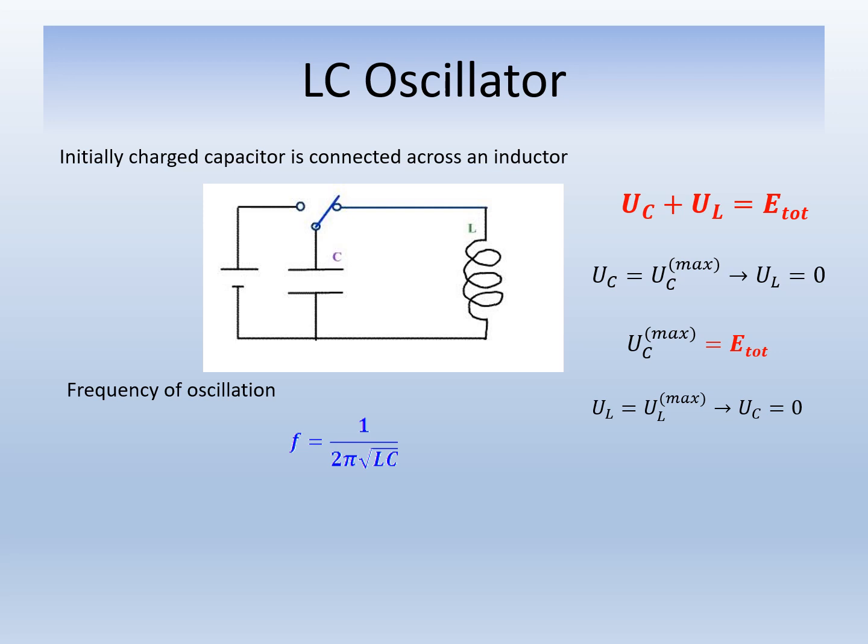If there's no resistance, the energy given to the capacitor or the inductor at the beginning is going to stay in this circuit. So at any given time, the energy stored in the capacitor plus the energy stored in the inductor equals the total energy given to the system at the beginning.